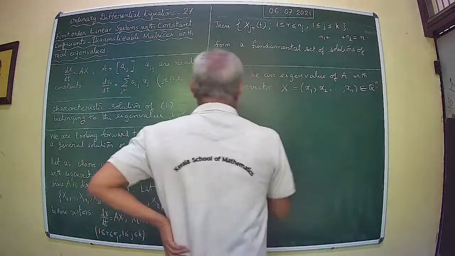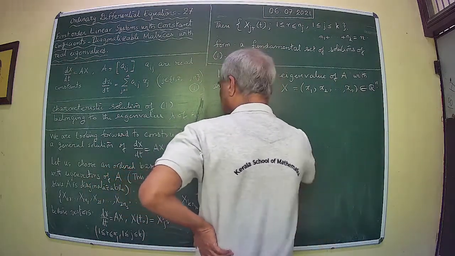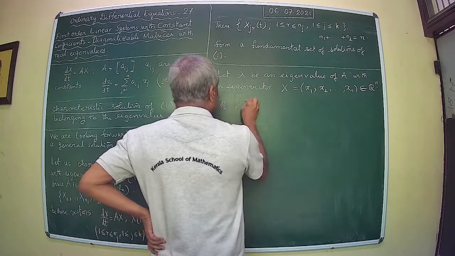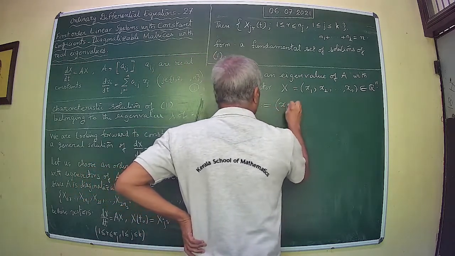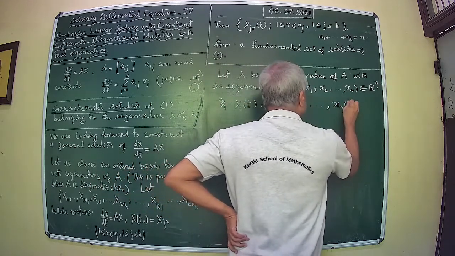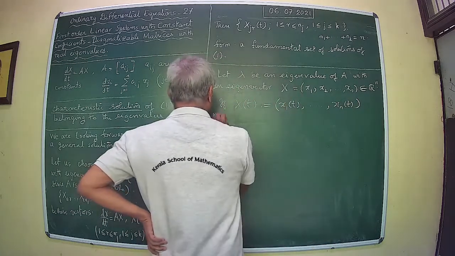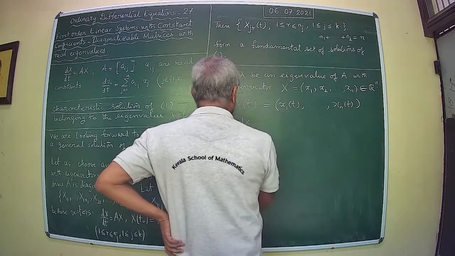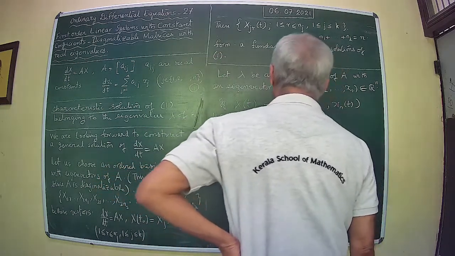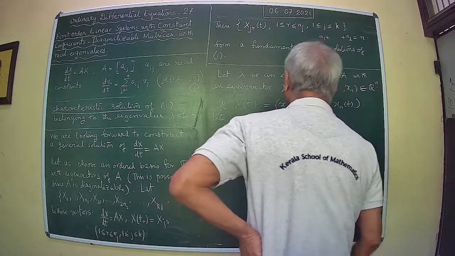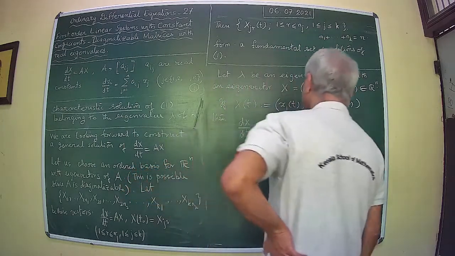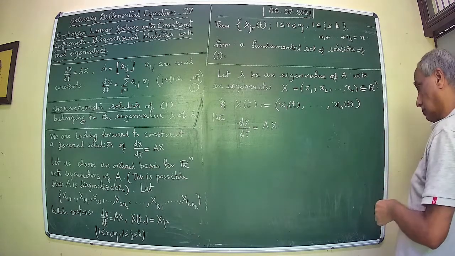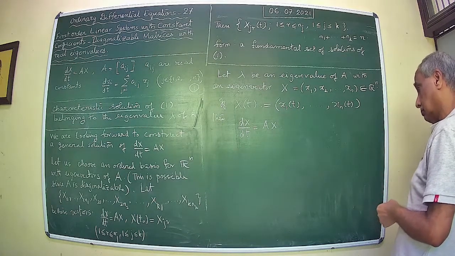See, you have dx by dt equal to Ax, so if x(t) is denoted by x_i(t), then what we have is dx by dt equal to Ax.